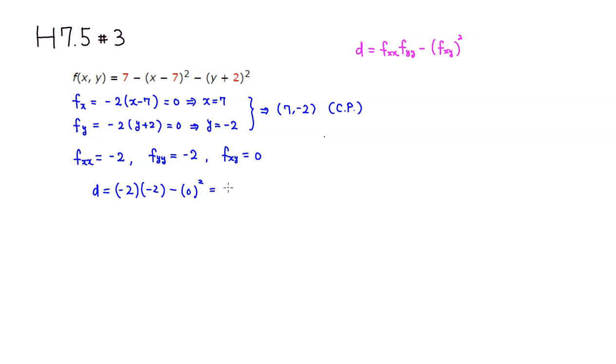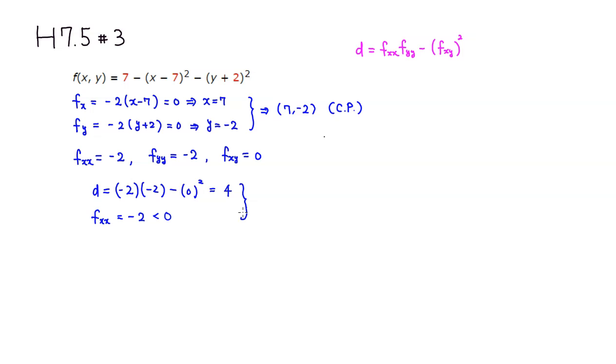So it's going to be positive. It's going to be basically a cup shape, facing up or facing down, which depends on the second partial. We look at the second partial, either one's fine. This is negative 2, which means it's going to be facing down.